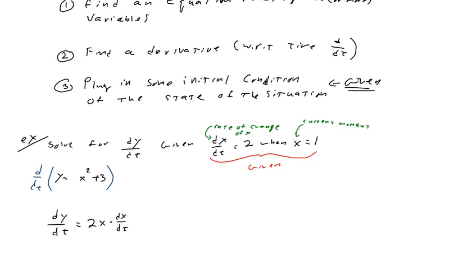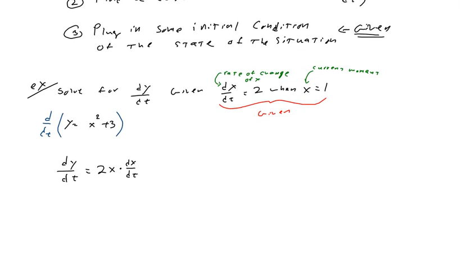Third step, plug in your initial conditions, plug in your state. So I have here dx/dt is 2, and x is 1. So I'm going to plug those into this equation.